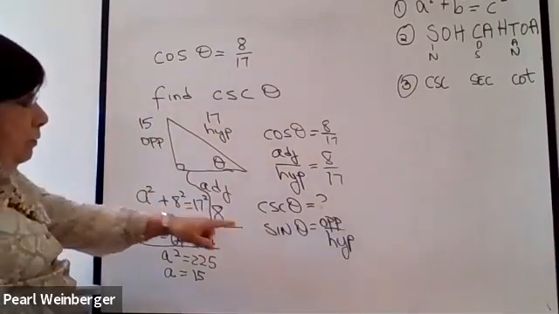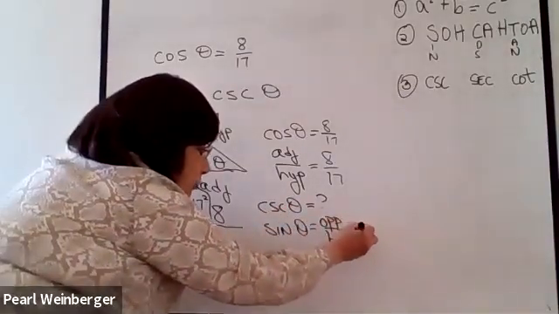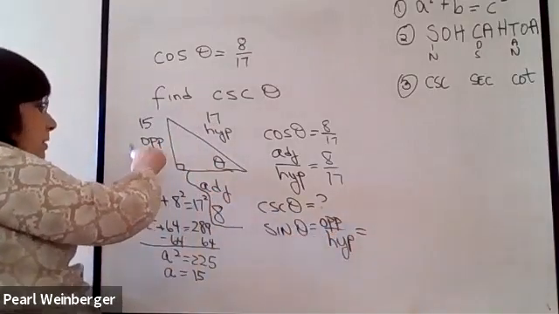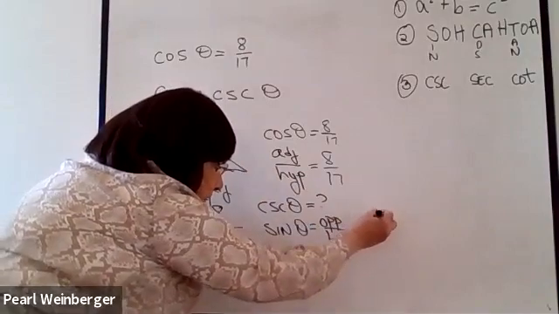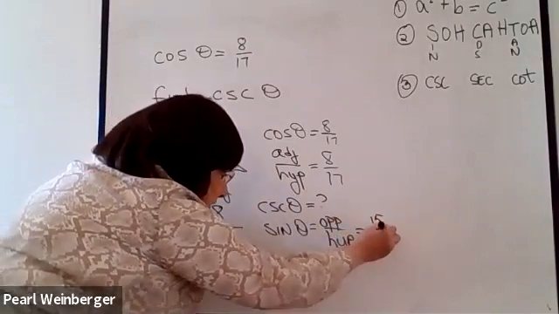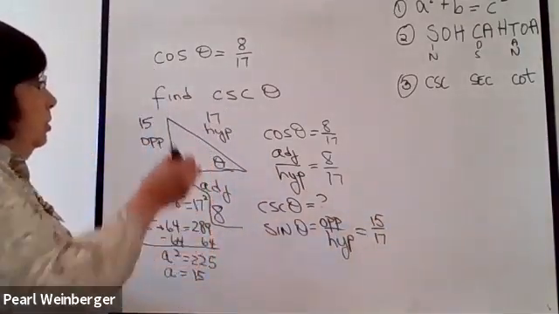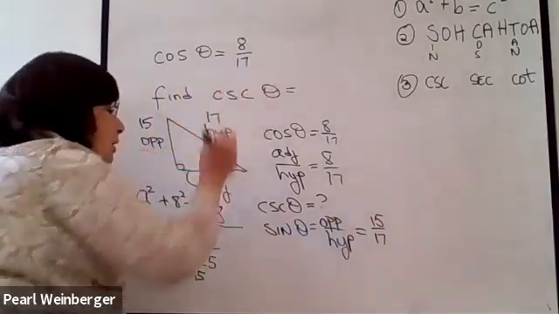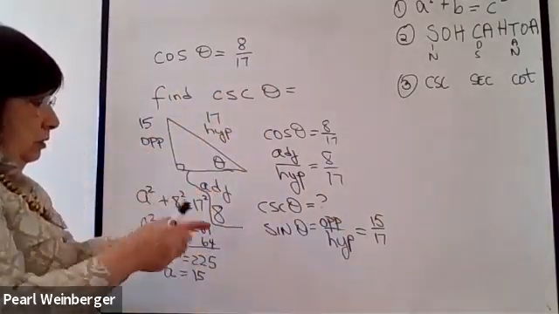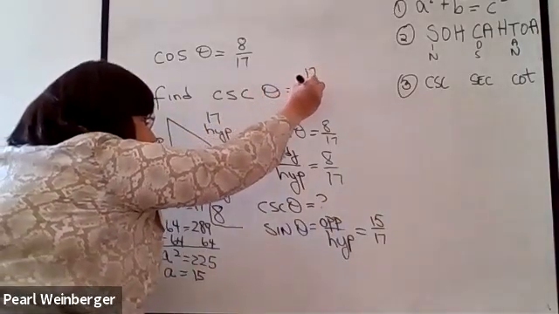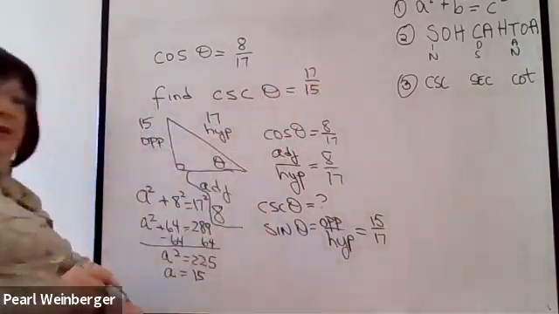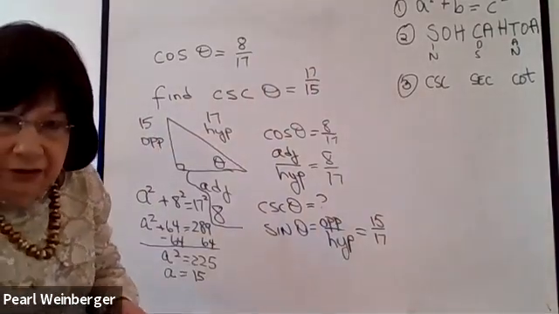So now, if I want to find the sine of theta, I can do it because I have opposite and hypotenuse. The sine of theta is 15 opposite over 17, the hypotenuse. So that means that my cosecant is just that thing flipped over, 17 over 15. Did anybody get that answer?